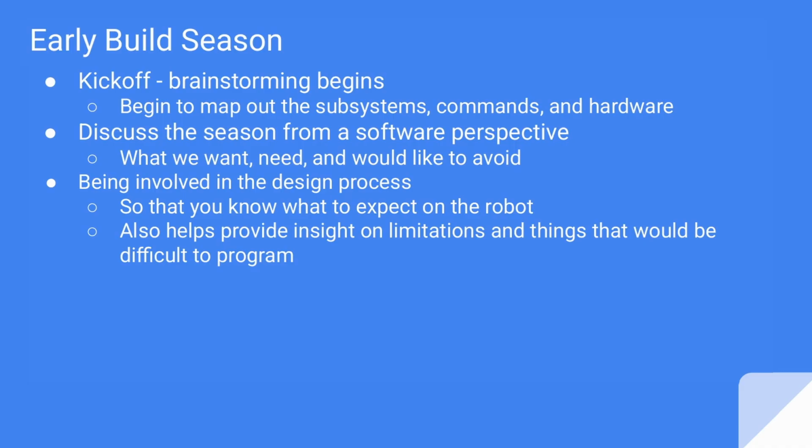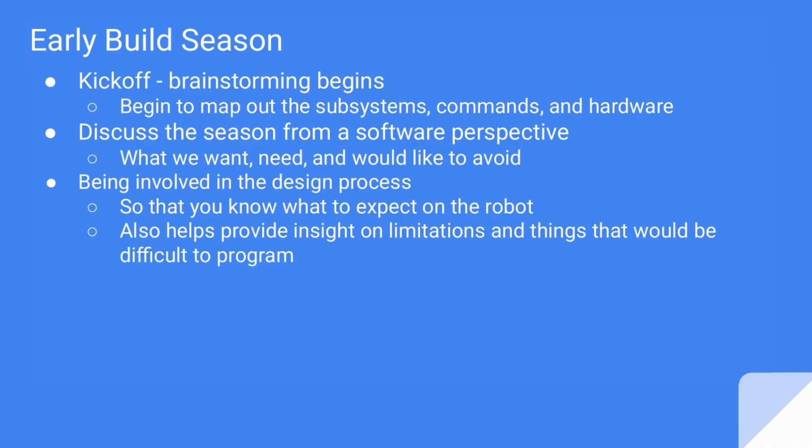Another thing that I've seen is software needs to be involved in the design process. If you have your software members off to the side just coding on their own and not involved with the CAD sub-team or the design sub-team, you're missing out on a crucial step, because believe it or not, software matters.